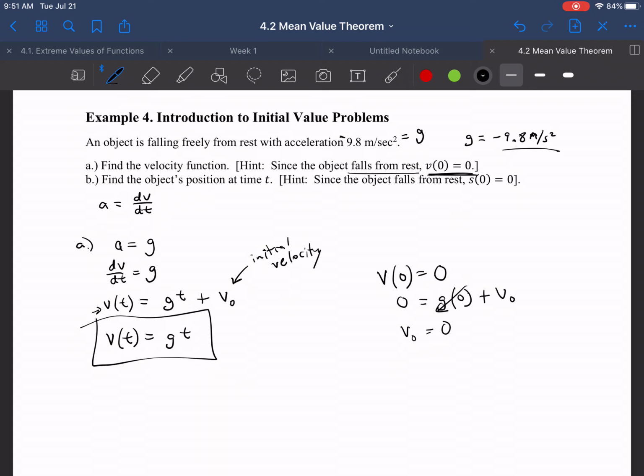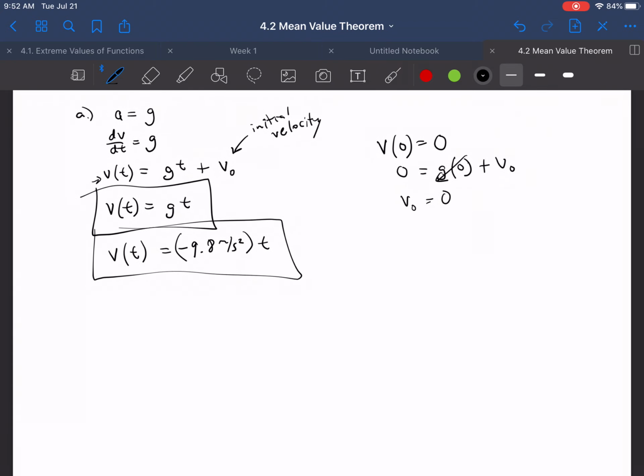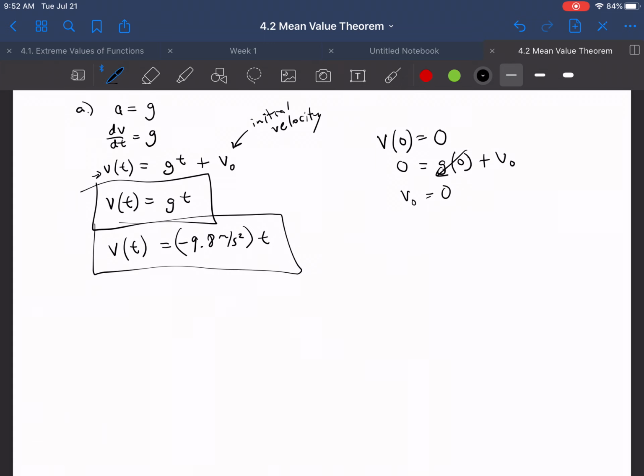V as a function of t is just gt, and if you wanted to, I guess you could put back in the negative 9.8 meters per second squared for the g. So either one of those is probably fine, but you should get used to working with variables instead of numbers.